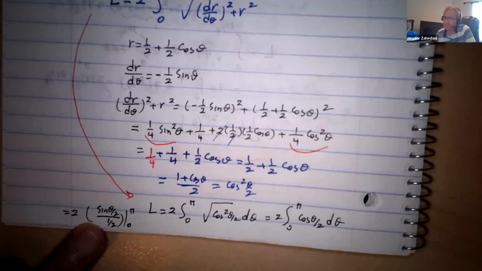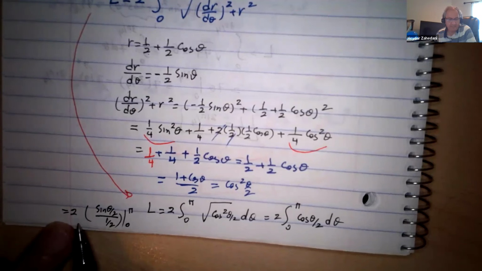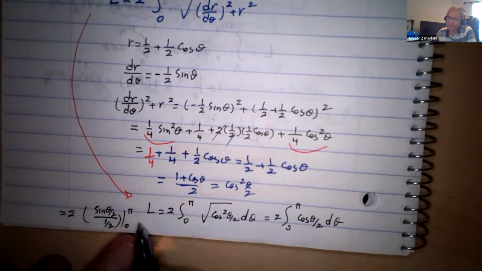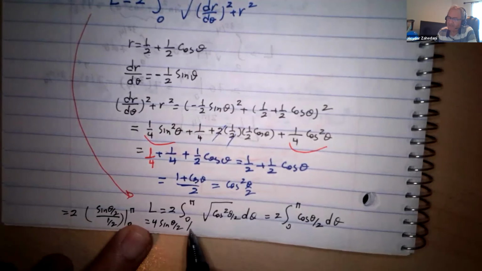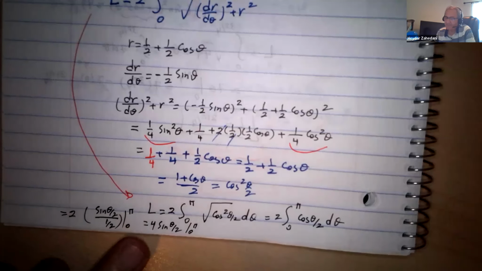Okay, I didn't miss anything here. That was a 2, so we have the 2 here, and it's going to be divided by 1/2. So this gives me 4 sine of θ/2 from 0 to π.